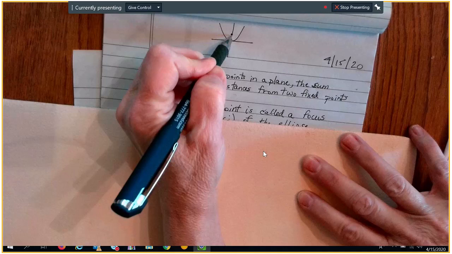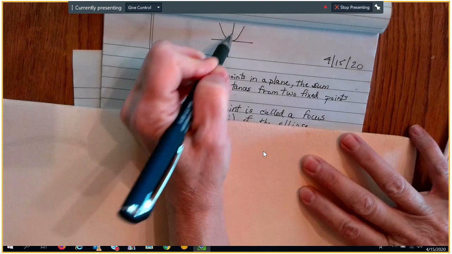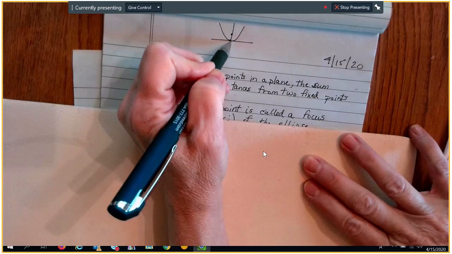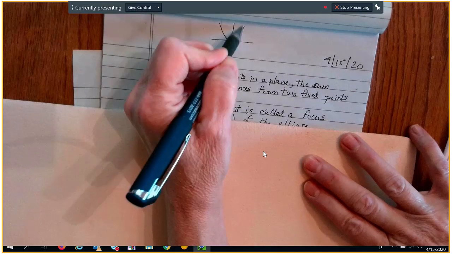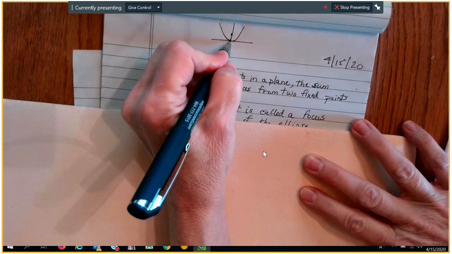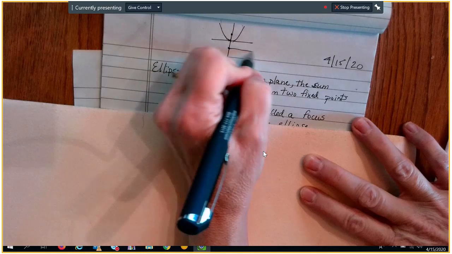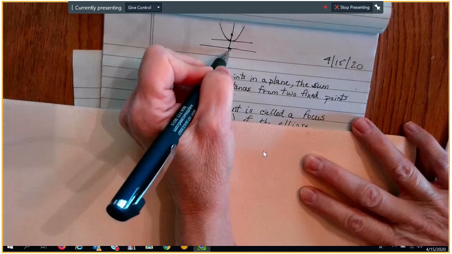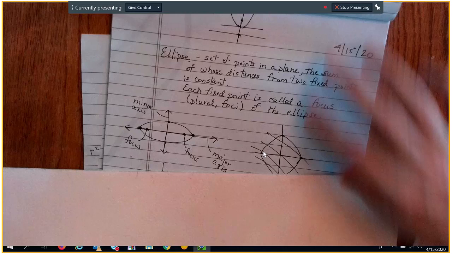So wherever the foci was located in relation to the vertex, we always knew that a parabola was going to be opening up toward the foci, and then the same distance from the vertex to the foci, we had this line called the directrix.